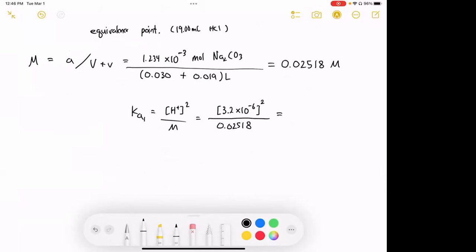We're going to square the 3.2 e to the negative 6, divided by 0.02518. And we get a value of 4.0 times 10 to the negative 10 as my Ka1.